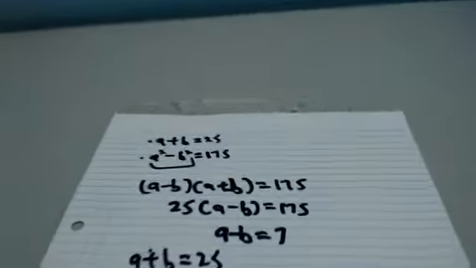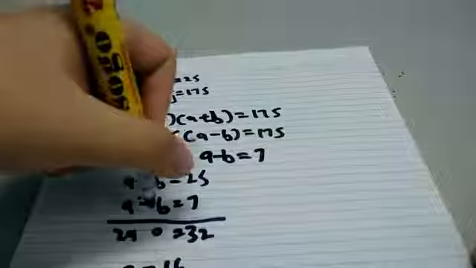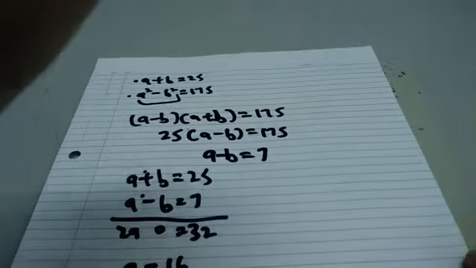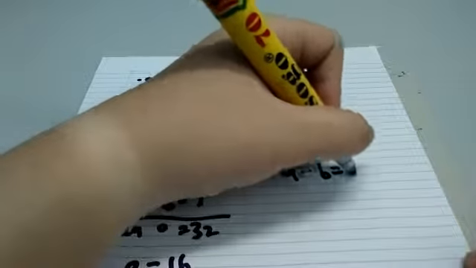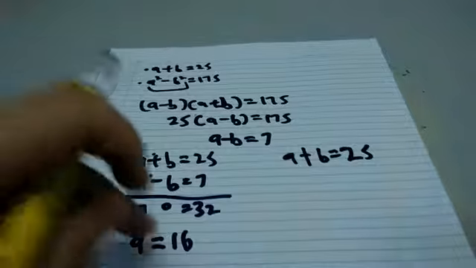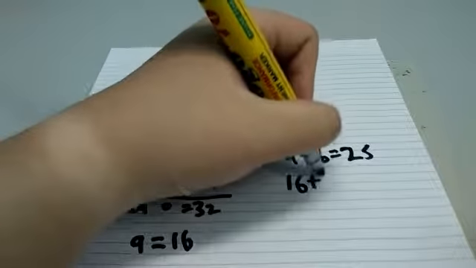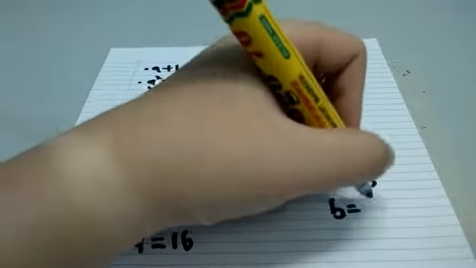But just in case, if you want to find the value of b, you also can. So a minus b is equal to 7, a plus b is equal to 25, and then 16 plus b is equal to 25. So b is equal to 9.